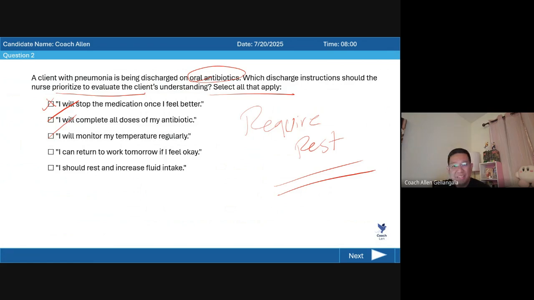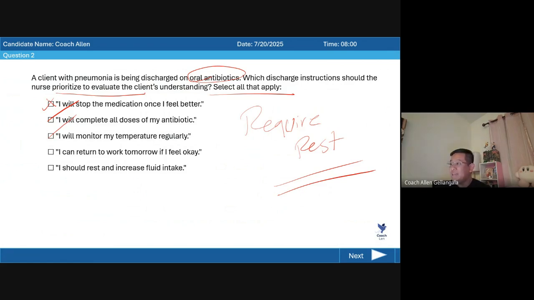There's still a possibility of what? Communicability. Could you still be infectious in a sense? Yes. Because sometimes it would need at least 3 to 4 days before you will be non communicable.